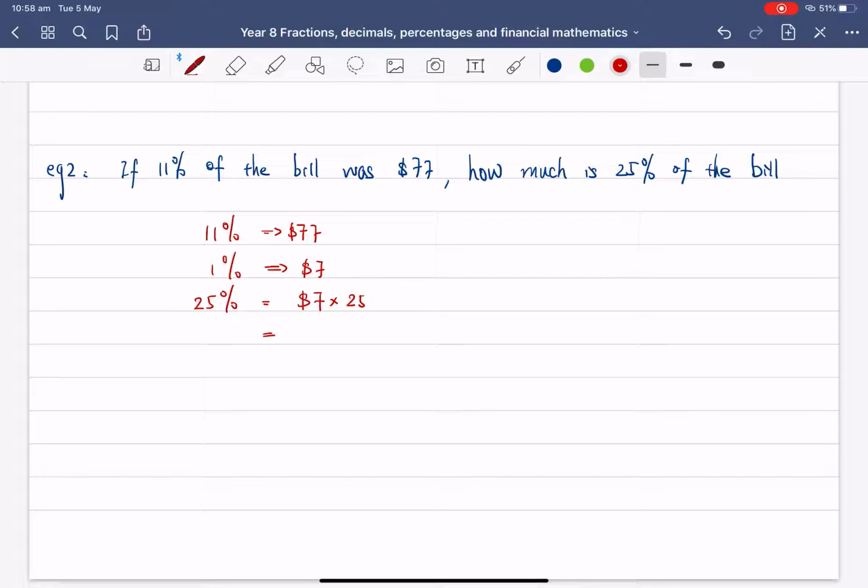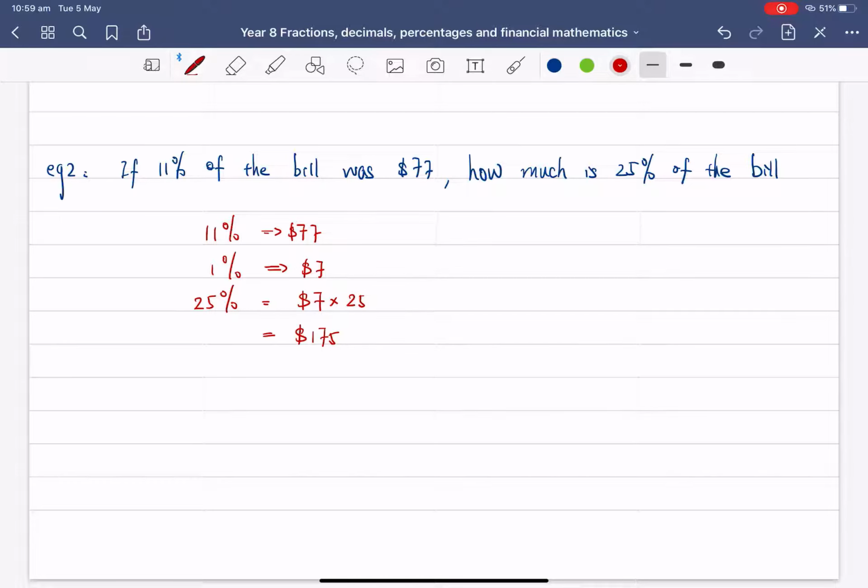That's called a unitary method, because once you find the worth of 1 unit, you can simply multiply that 1 unit amount by the required amount and get the final answer. So $7 times 25 is 175. Yep, that's correct. So 25% of the bill will be $175.